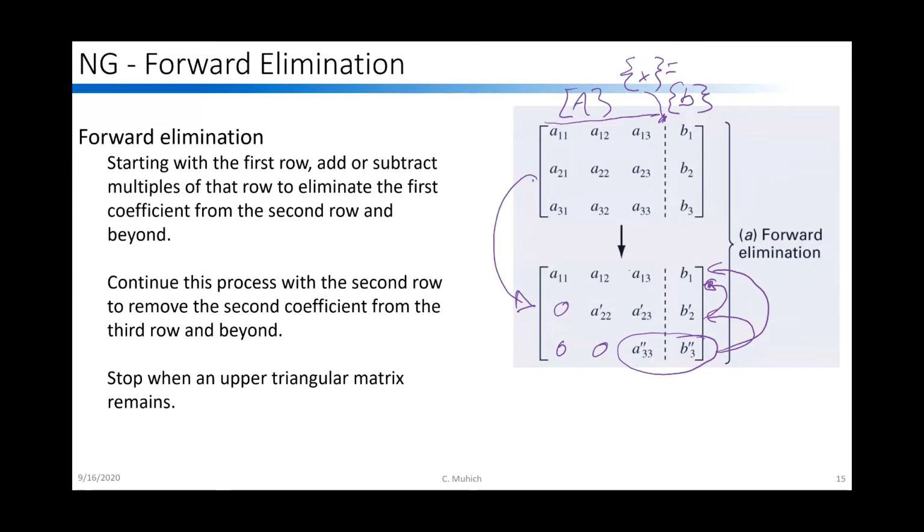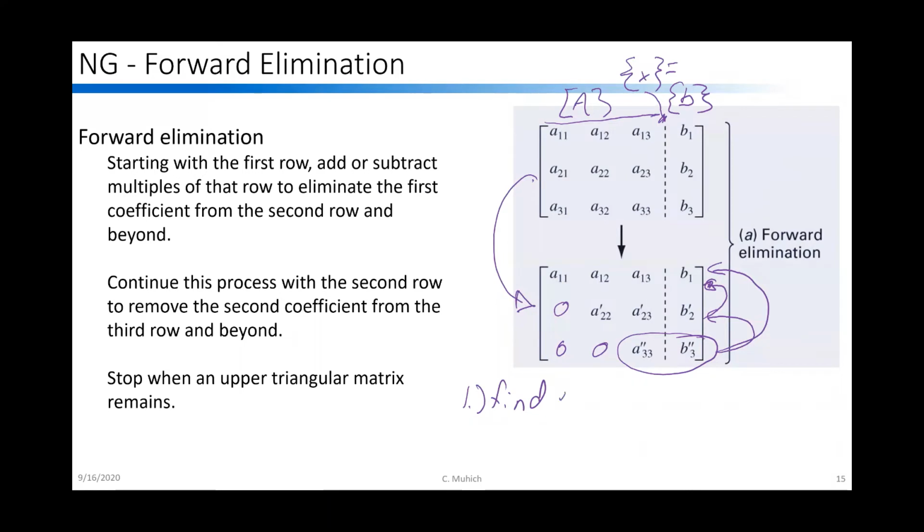Okay, so in order to do this conversion, we're going to need to find what we can multiply row 1 by.